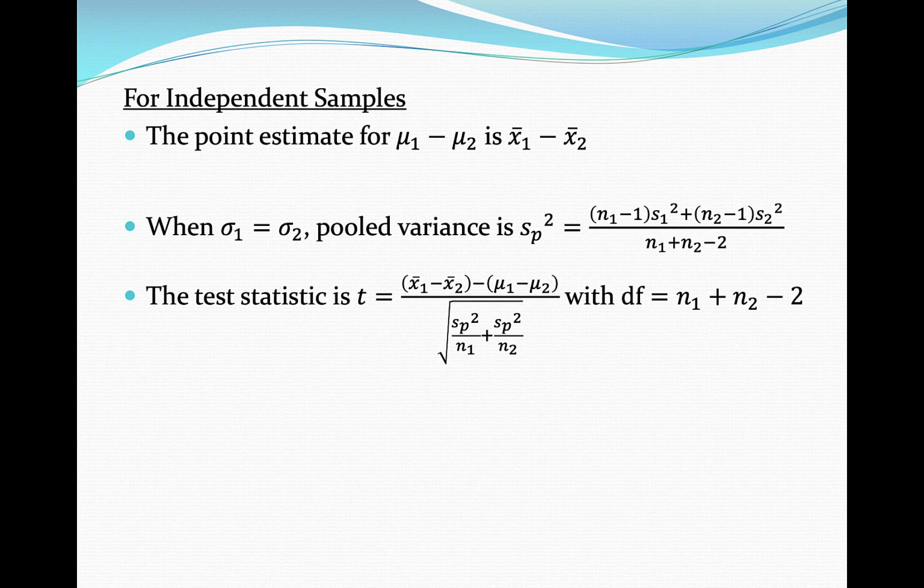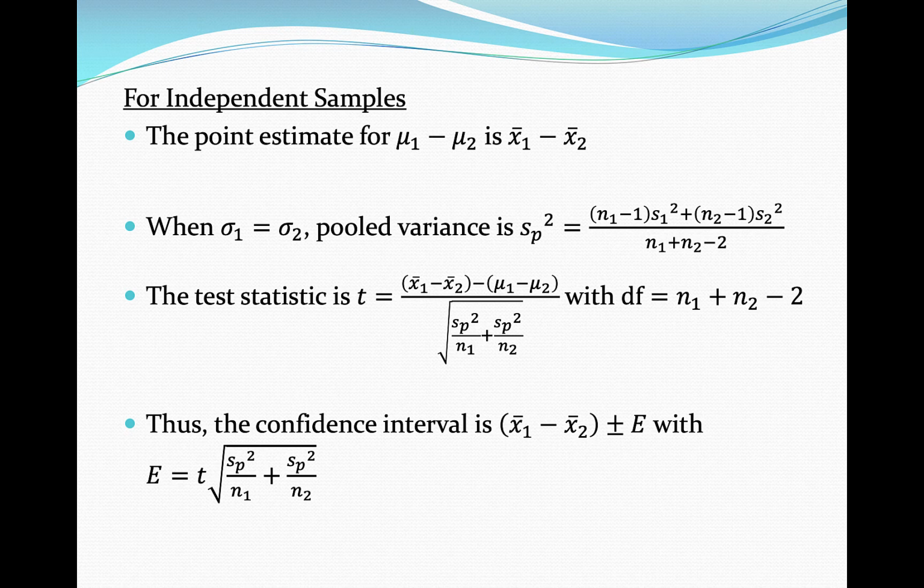And the standard error is a little messy here because we have two different samples. So instead of just having one fraction, you end up with 2. It's basically the variance over n. Take the square root of that. That's what it looked like before, but now we have 2 of them. So you end up with a standard error that looks like this, the square root of s sub p squared over n1 plus s sub p squared over n2. And as I've already mentioned, the degrees of freedom here is n1 plus n2 minus 2.